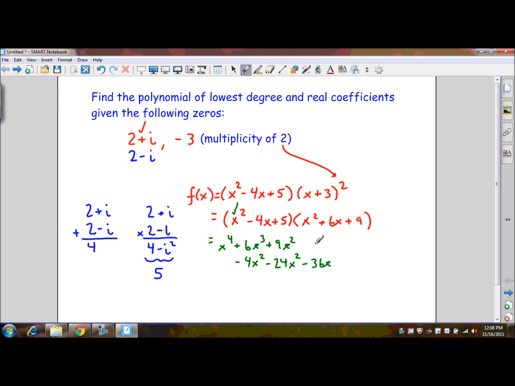Now I'm going to go to the middle term, the -4x. -4x times x squared is -4x cubed. Go to the middle, -4 times 6 is going to be -24, and it's going to be x squared. Notice how I'm lining up the like terms, and the last term is going to give me negative 36x.